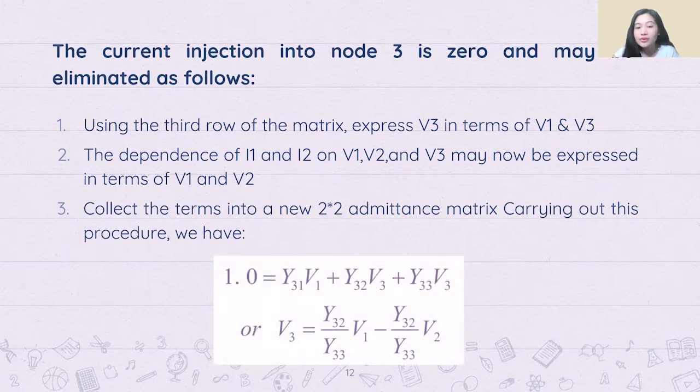So we have 0 equivalent to y sub 3,1 v sub 1 plus y sub 3,2 times v sub 2 plus y sub 3,3 times v sub 3, or we have the third voltage equivalent to minus y sub 3,1 all over y sub 3,3 times v sub 1 and minus the product of y sub 3,2 all over y sub 3,3 and v sub 2. So that sums up our concept for the Kron method.